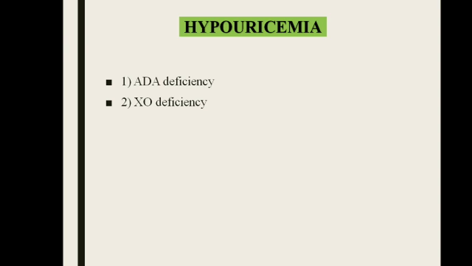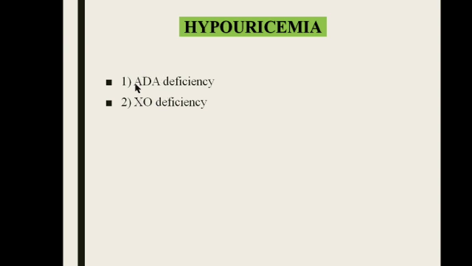The two important causes of hypouricemia are, number 1, adenosine deaminase deficiency, and number 2, xanthine oxidase deficiency. This adenosine deaminase enzyme is a very important enzyme that we are going to read in the pyrimidine biosynthesis and degradation. This ADA enzyme is highly present in the lymphocytes. It is very much responsible for immunity.